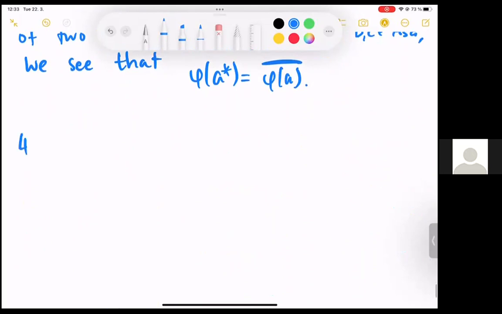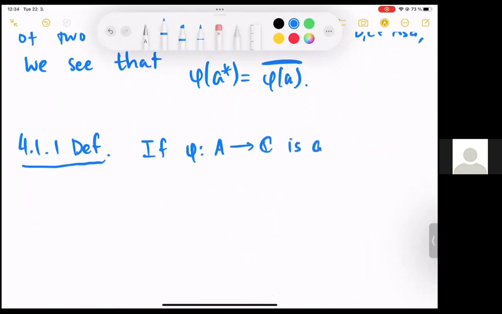Okay, so a few definitions. If we have a positive linear functional with norm 1, then we call it a state. These are very important.